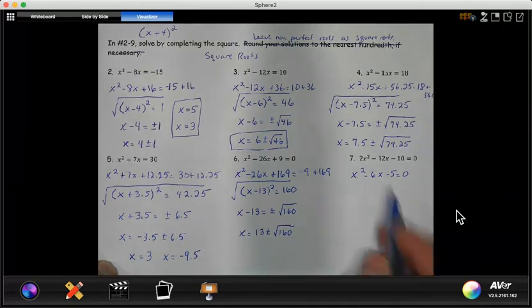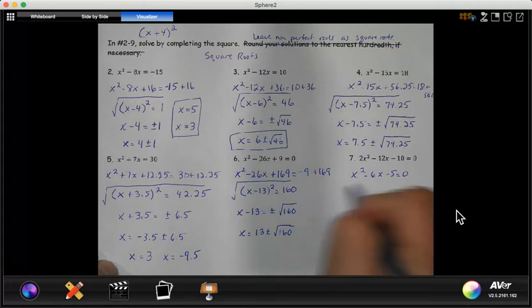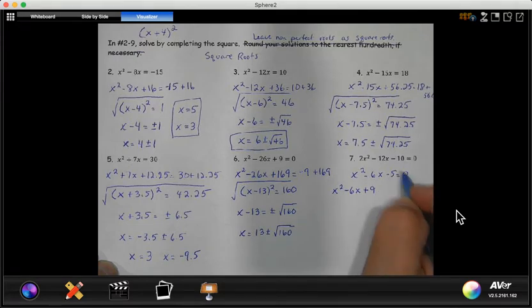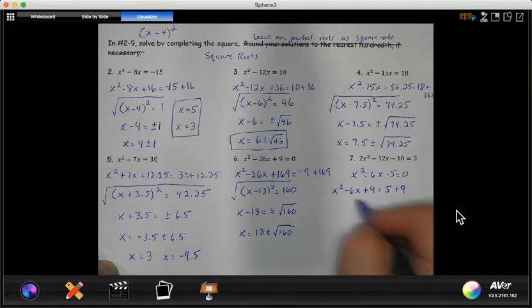All right. This can't be factored, so I'm going to solve it using complete the square. So watch. You take x squared minus 6x. Half of 6 is 3, and then 3 squared is 9. So I'm going to add 9. Okay, and then I have to add the 5 to the other side, and then also add 9 to balance. Another non-perfect square, whatever.